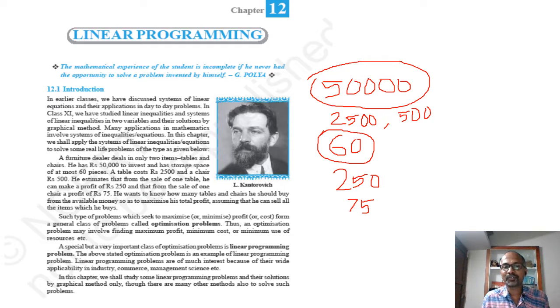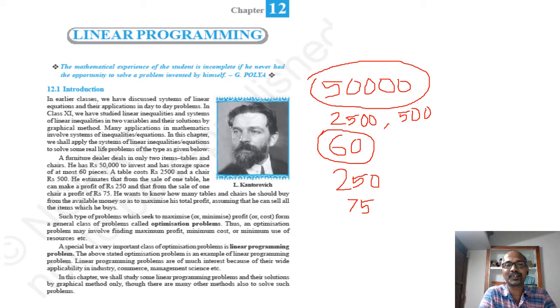Here it is a maximization problem. We have to maximize the profit, and in certain cases you can have a minimization problem also. In the case of cost or employment, nobody wants to give more costs.